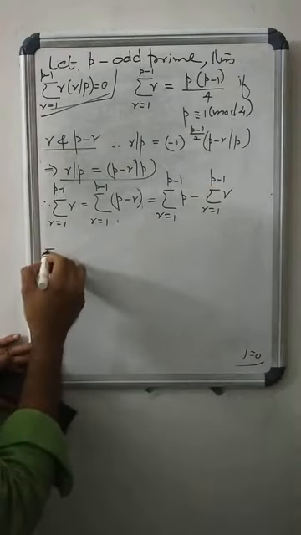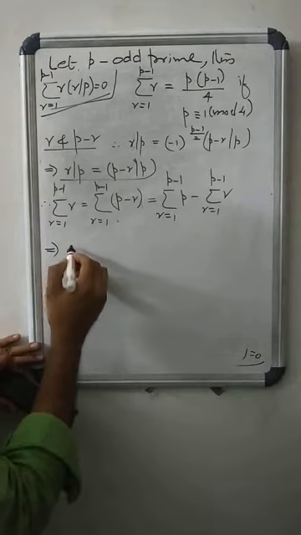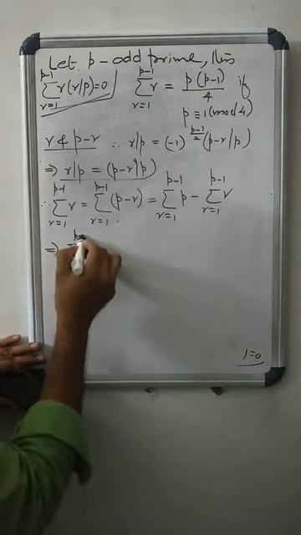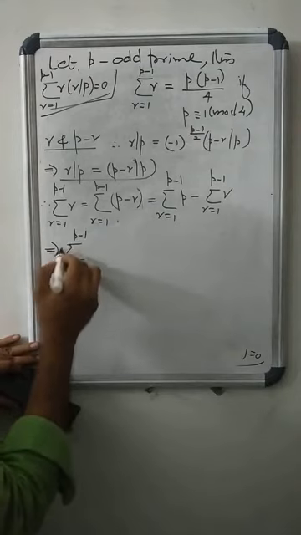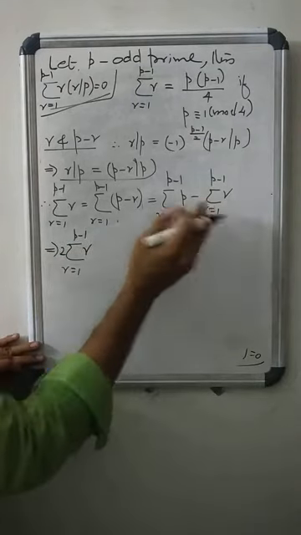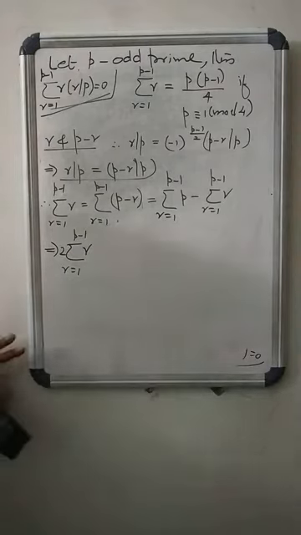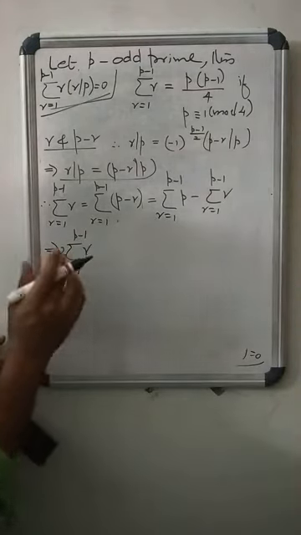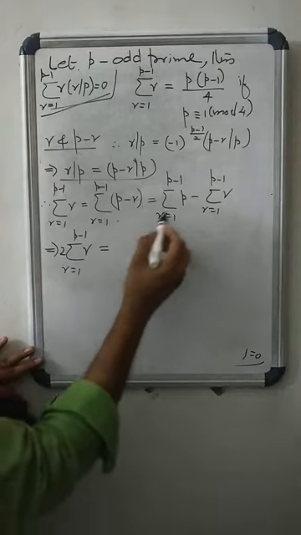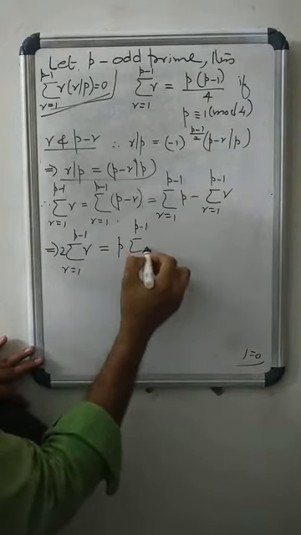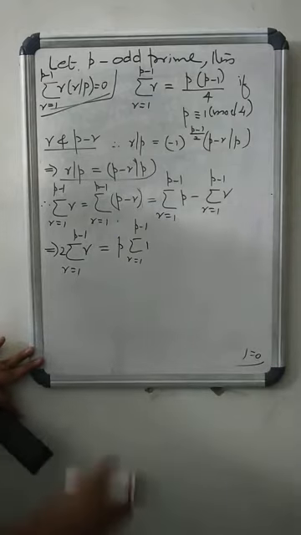Okay. So from here, bring sigma r ranges from 1 to p minus 1 of r to the left side. So 2 into sigma r ranges from 1 to p minus 1 of r equals p into sigma r ranges from 1 to p minus 1 of 1.